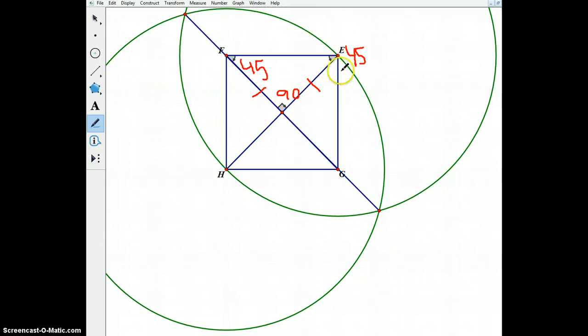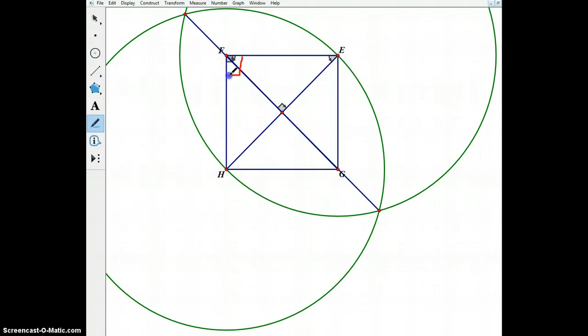But the special property about an isosceles triangle is that if you put two of them together, then we have this full length being 90 degrees, because 45 plus 45 is 90.